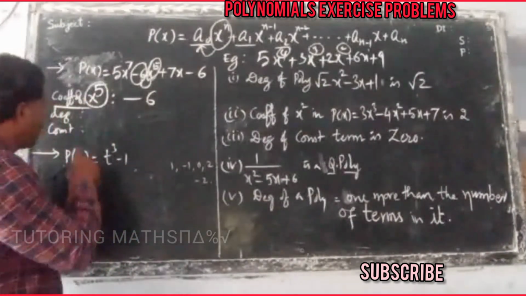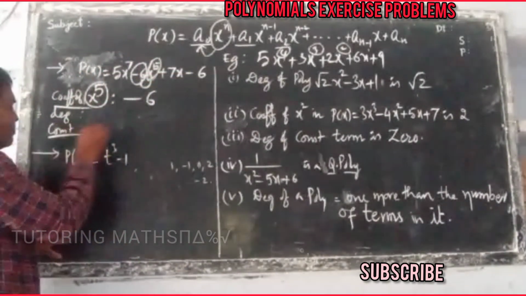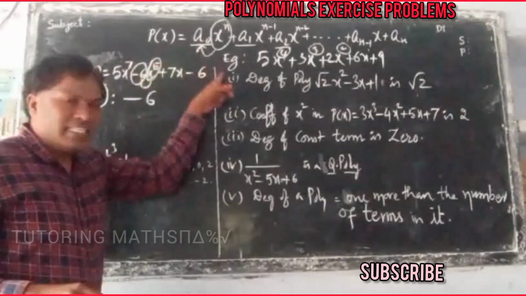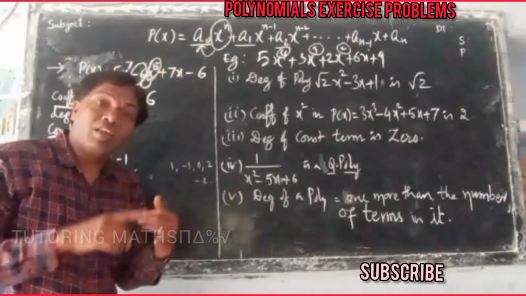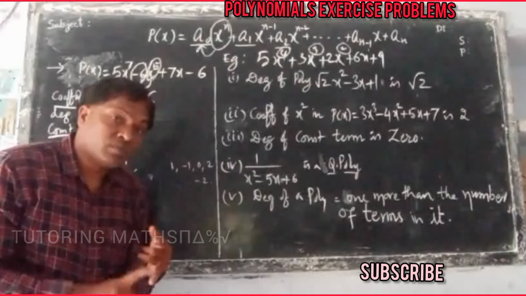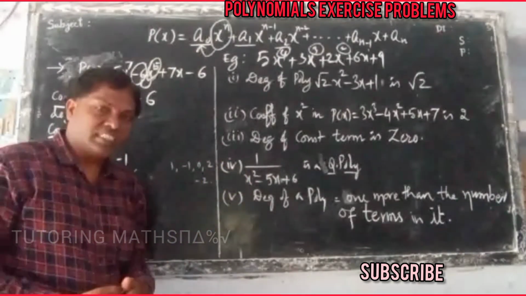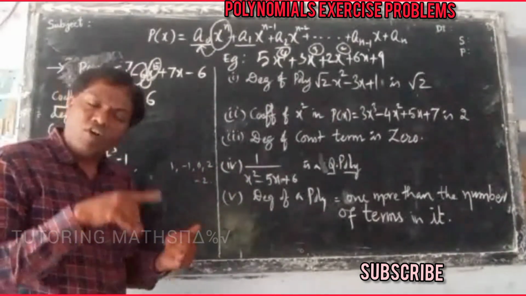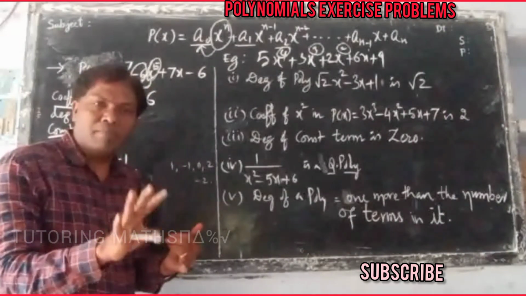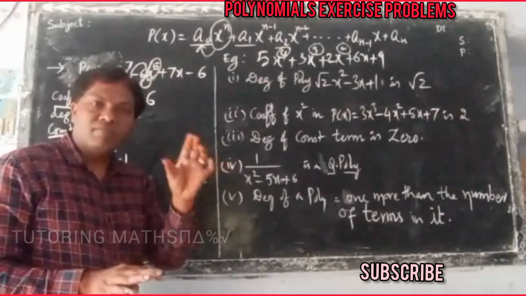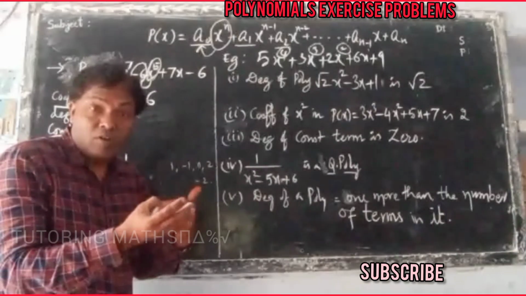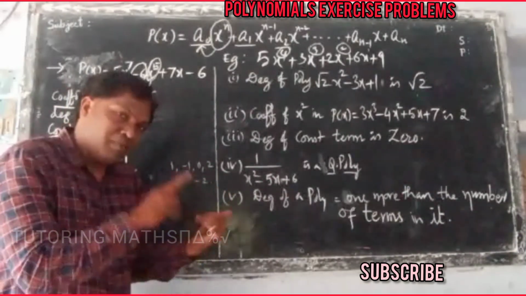Next, second: what is the constant term in this polynomial? Already we have discussed the definitions in our previous classes. The constant term is nothing but the number which is alone, without a variable. There should not be any variable or literal term.